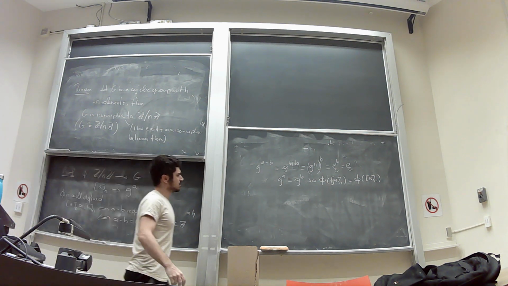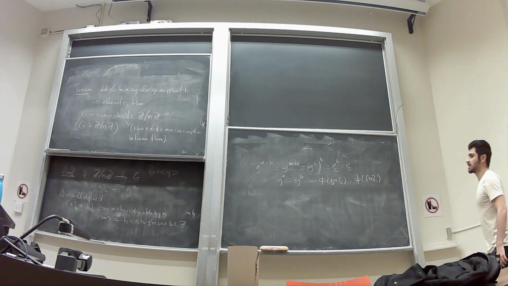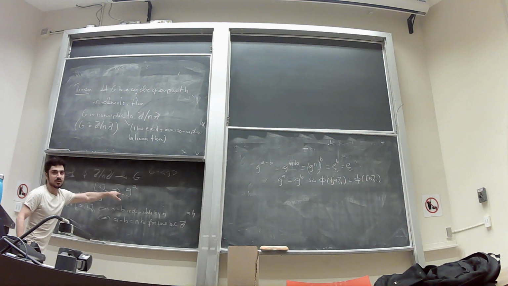Really, you could show it's injective and you could show it's surjective, that's okay. But let's do it in another way. Phi is clearly surjective, right? Because for any power of g, you can find an a.